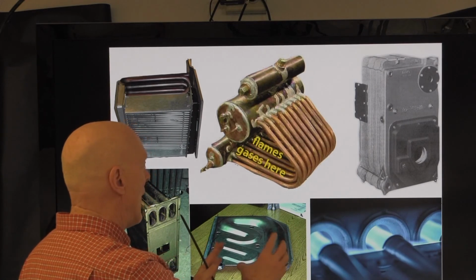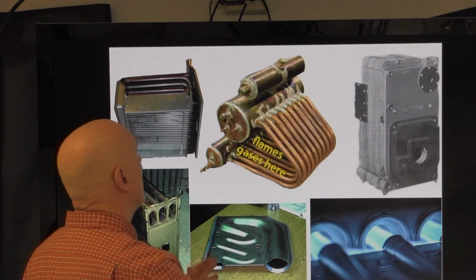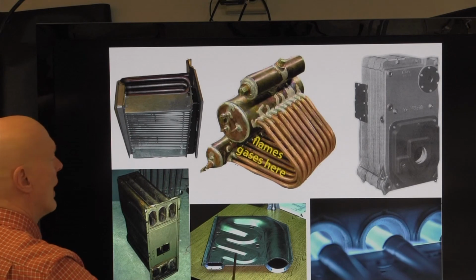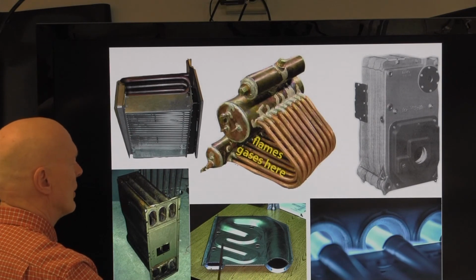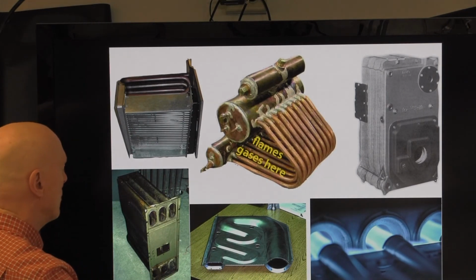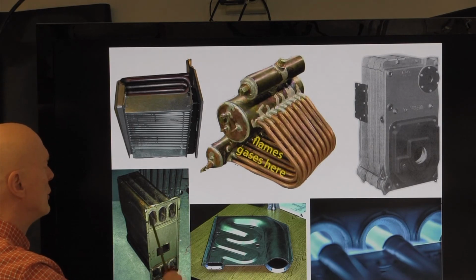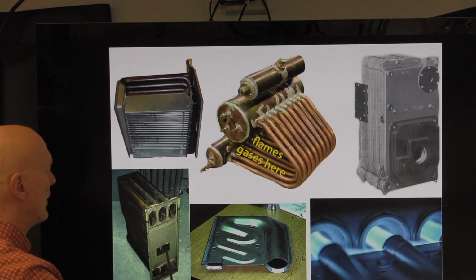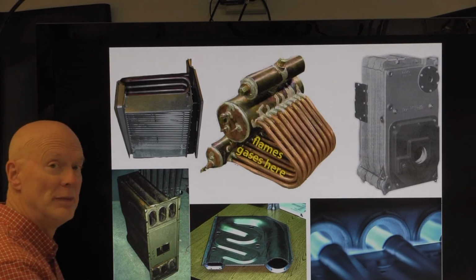Do you see how tight these tubes are, and this stamped channel is, compared to the large volume inside this atmospheric heat exchanger?